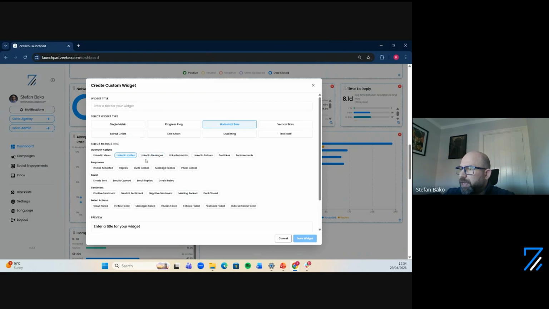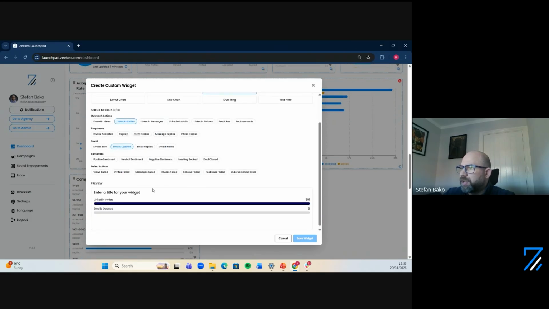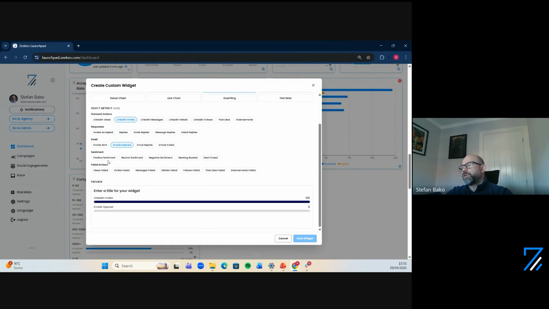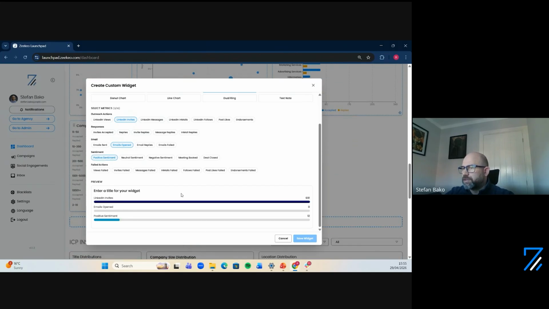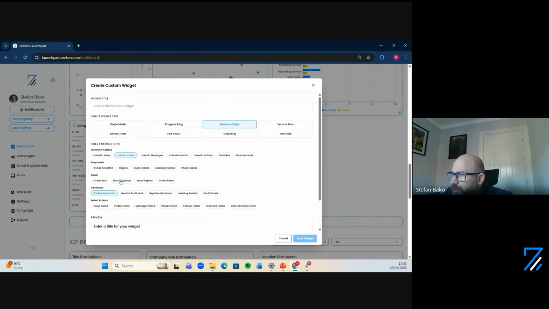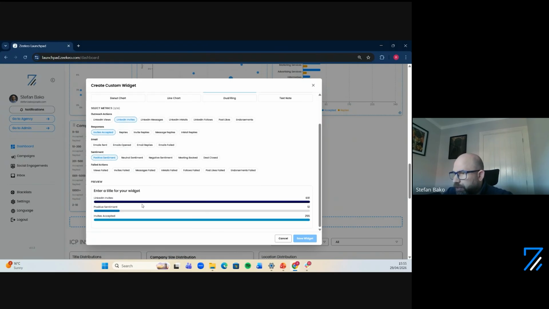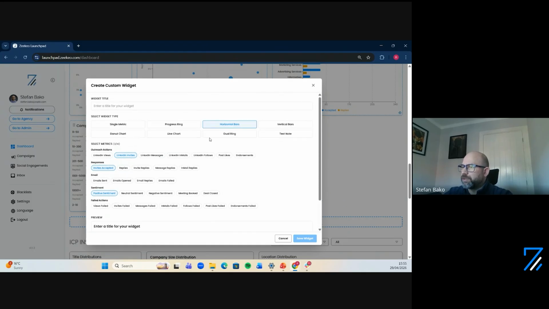I can go any vertical combination you can create based on what you need. If I go for invites, for example, I can see here LinkedIn invites, positive sentiment, and how many accepted. So it gives me a picture of the funnel.